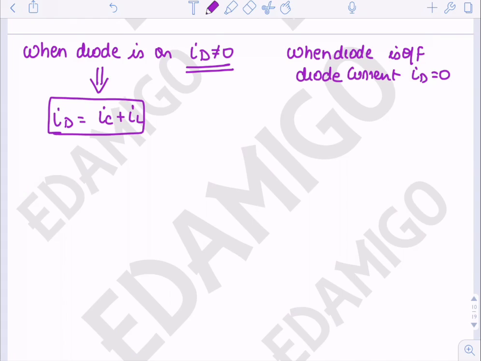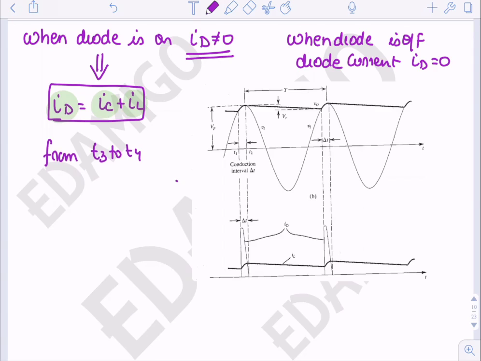Now if we want to find the diode current, we have to find the capacitive current and the load current. If we look from time instant t3 to t4, the diode is on, so the circuit is like this.